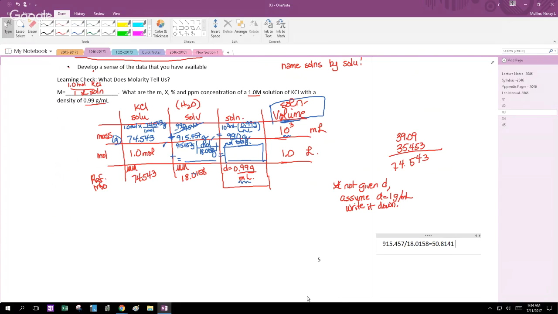So that's 50.8141. Now I can find moles total. 51.8141.